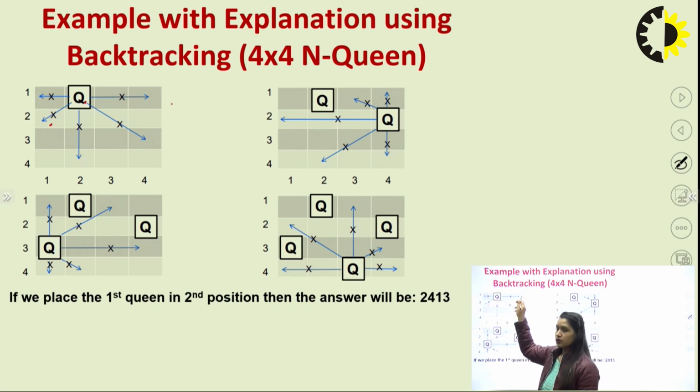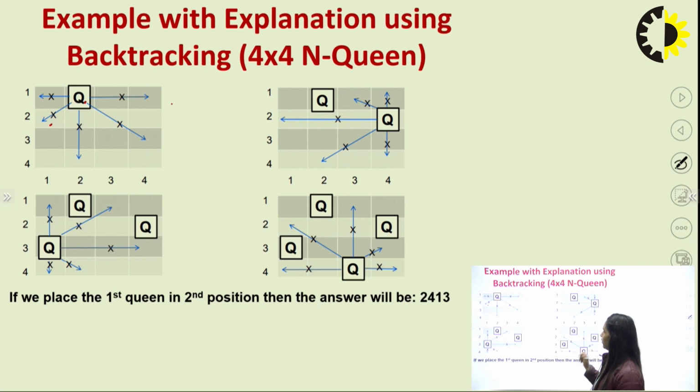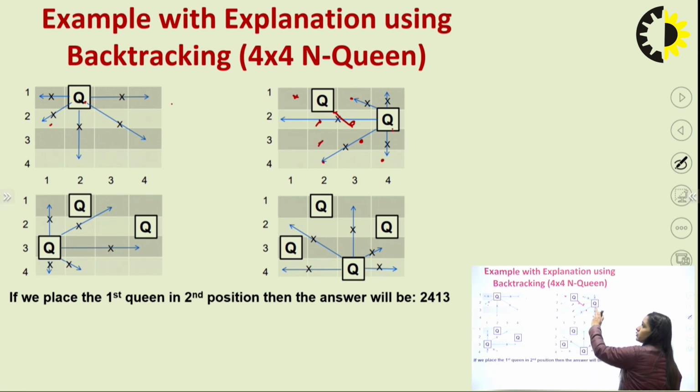Okay, now if I place the next q into this place, see, in this place, this is not diagonal. See, let's check. I cannot put the next q into this direction diagonally. Okay, here I can easily put the second queen in this place. Okay, no issues. Okay, fine.